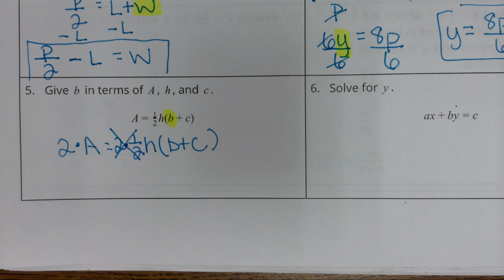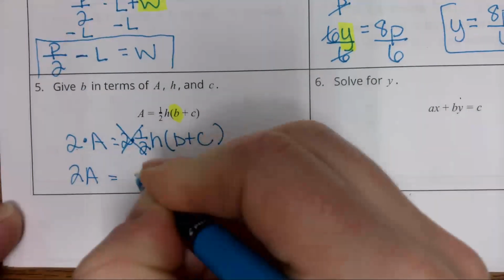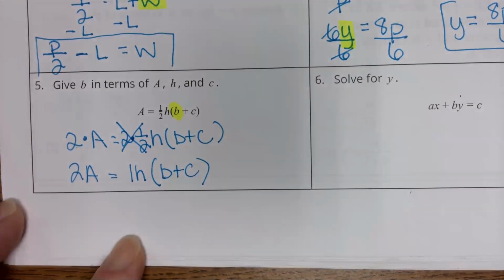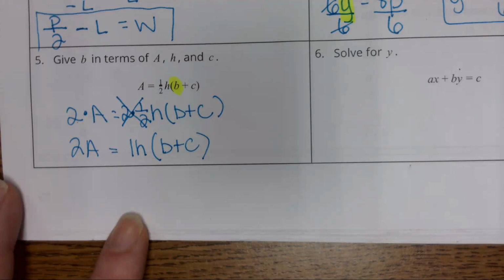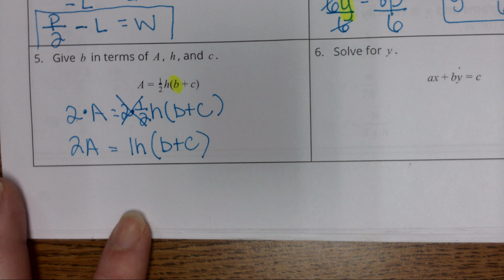But it's not, 2 times 1/2 is 1, not 0 though. You can't reduce it to 0 because 2 times 1/2 is 1. I'll write it in if you want. So 2a equals 1h if you want, b plus c, because 2 times 1/2 is 1. But I don't need to write 1h. Okay, I'll write it in then.